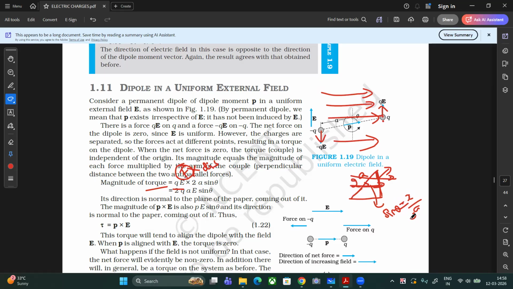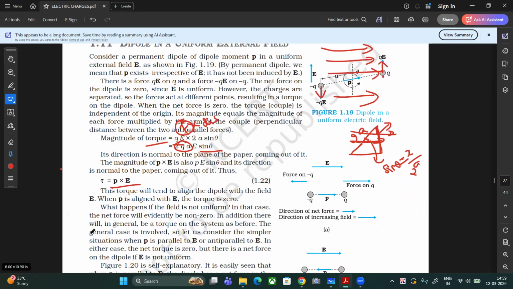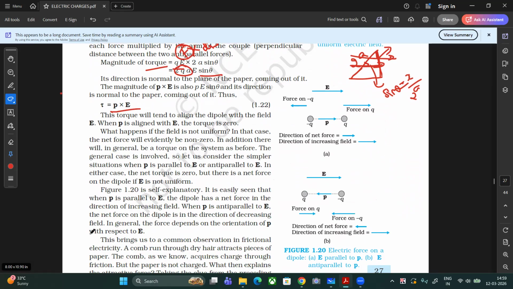Multiplying, 2qa is taken as the p vector, because p equals q into 2a. So p cross E, the cross product, gives sine theta. So the torque produced on a dipole in a uniform electric field is p cross E. The electric field direction and the dipole moment direction are very important to find the torque. The dipole moment direction is always from negative to positive.